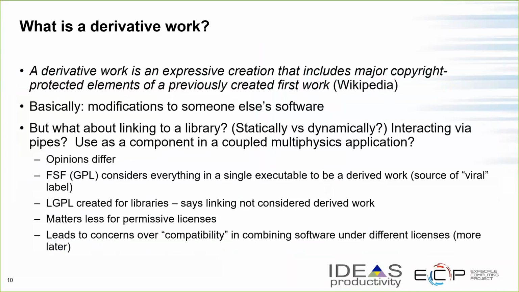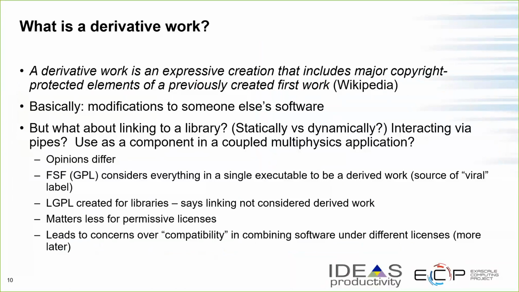If you combine a piece of GPL software with other software, then according to the Free Software Foundation, that's a derived work, and it has to be released under the GPL in this case, right? LGPL was specifically created to allow flexibility for libraries, and the difference from GPL fundamentally is that linking is not considered to produce a derived work, okay?